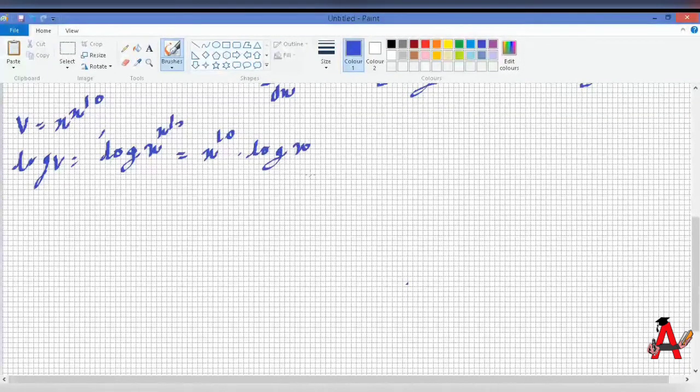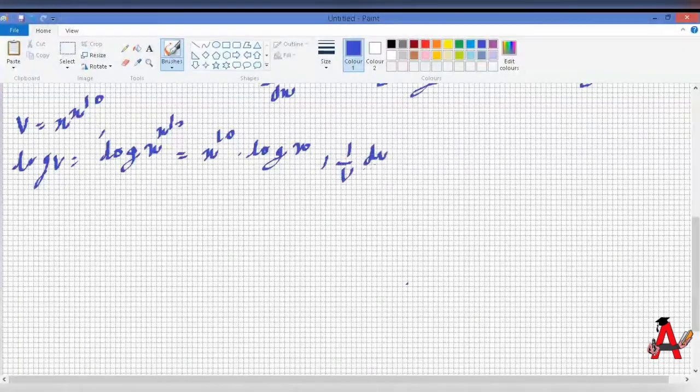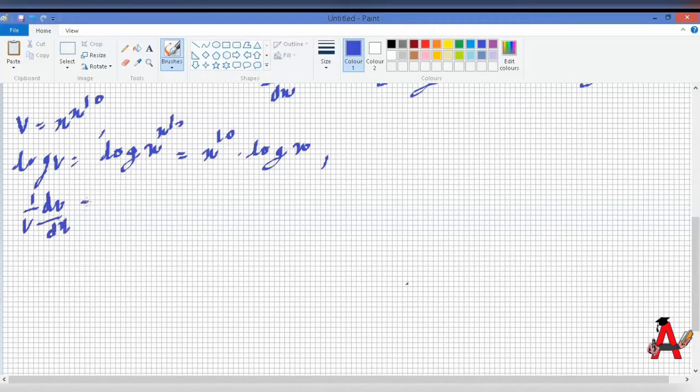Then you can differentiate. So this will become 1 upon v dv by dx. Rather, I can write here the derivative of log v is 1 upon v dv by dx is equal to 10 into the derivative of log of x, which is 1 upon x, plus log of x into the derivative of 10, which is 0.